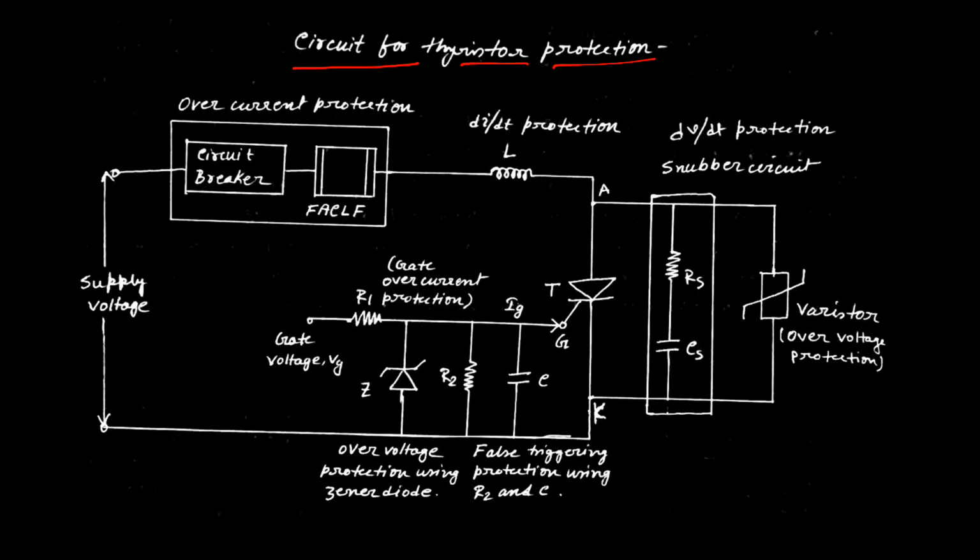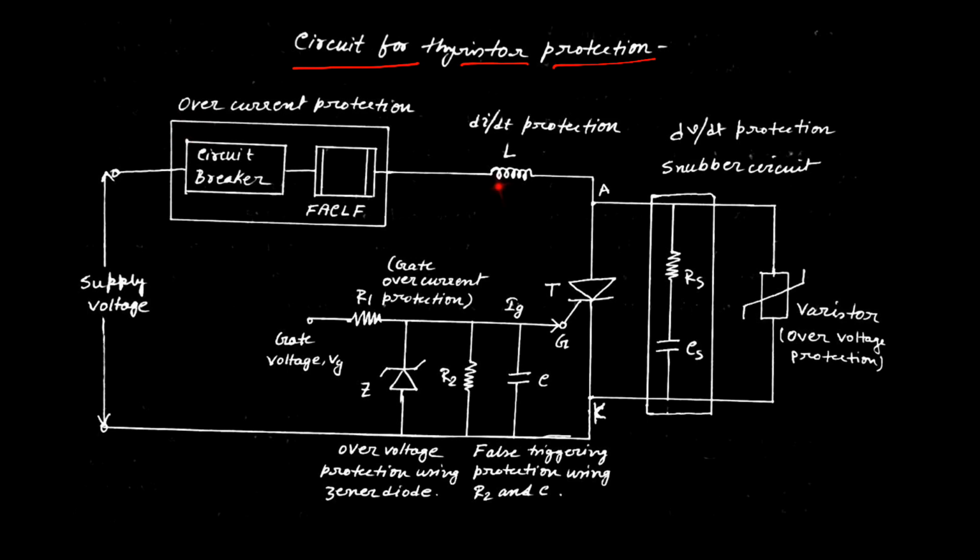The first is overcurrent protection, in which we normally use a circuit breaker in series with an FACLF, the full form of which is fast acting current limiting fuse, used to protect against overcurrent.